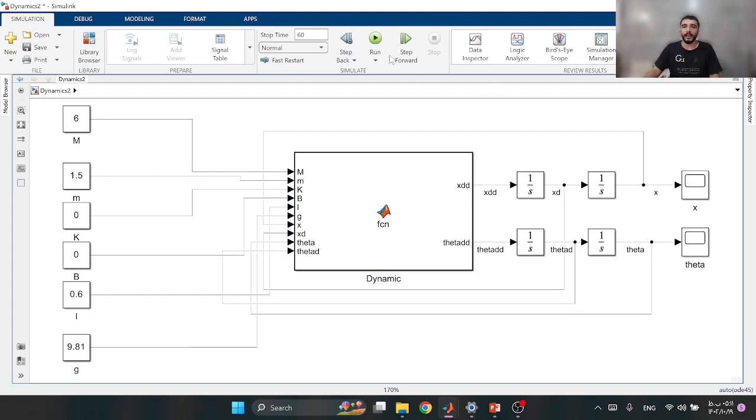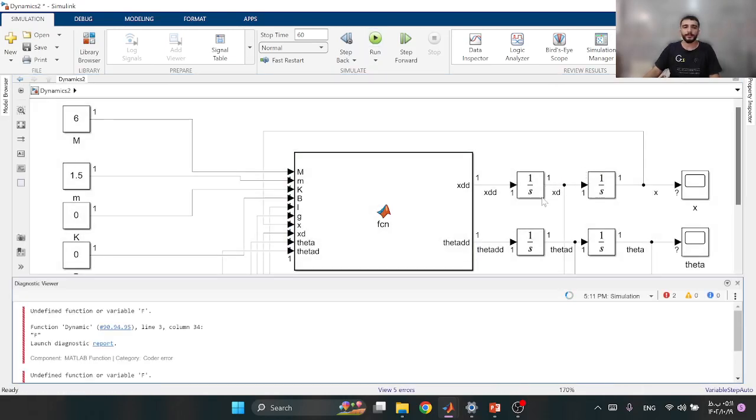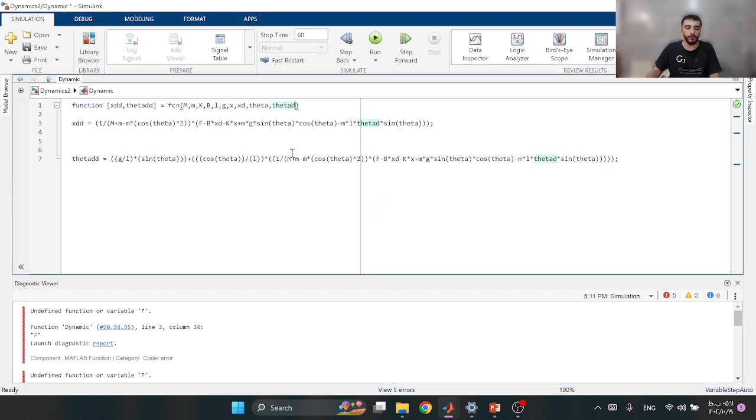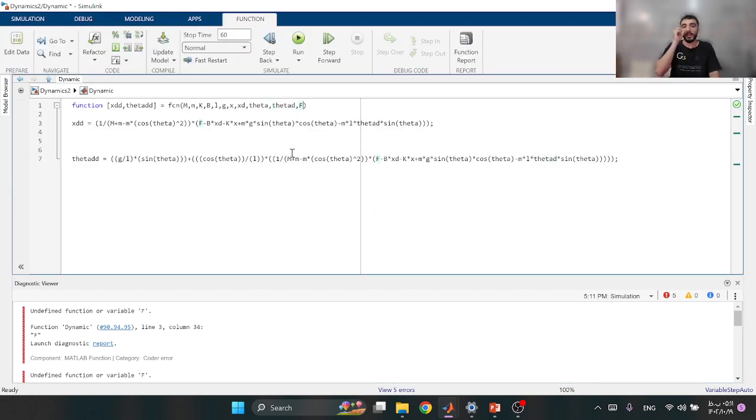We know that we need some initial conditions to solve the dynamic equations. For now, I will assume that all of the initial conditions are 0 and simulate our model. Let's see what happens. Okay, let's run the simulation. Okay, we forgot to import the force. The force is our input that is applied to the cart.